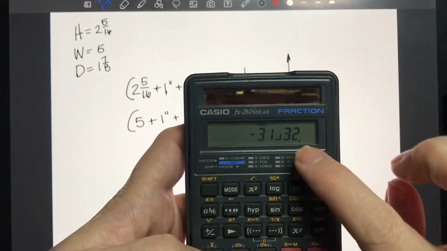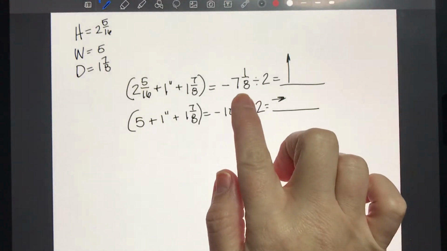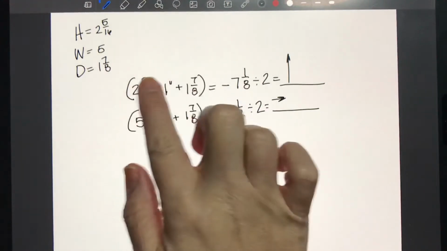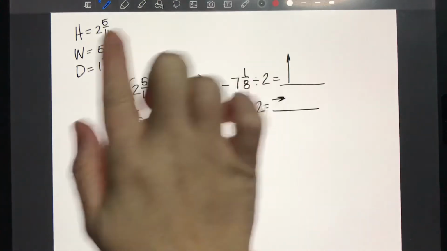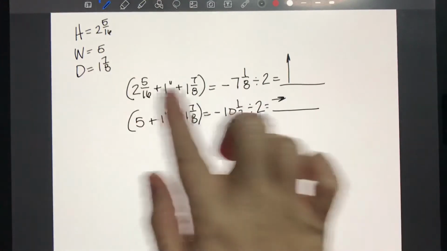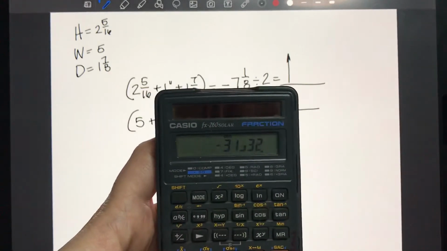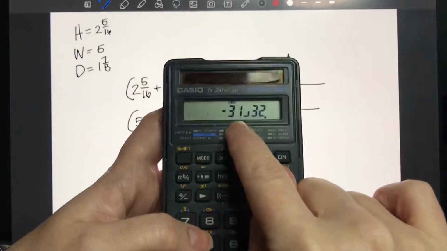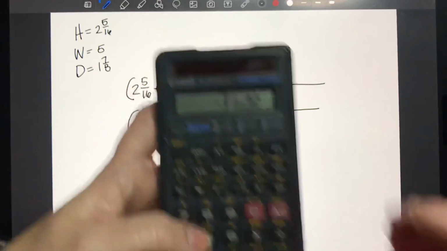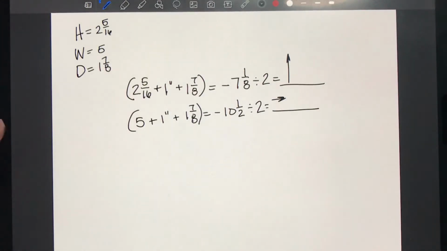The reason we get a negative is because I put this number after the numbers I'm adding together instead of before, so I don't have to put it in the calculator twice. I can just put everything in all at one time. The negative means nothing to us because it is a measurement. You cannot negatively measure. If it's 15/16 one way and 15/16 the other way, it's 15/16 no matter which way. So no negatives, we don't care.